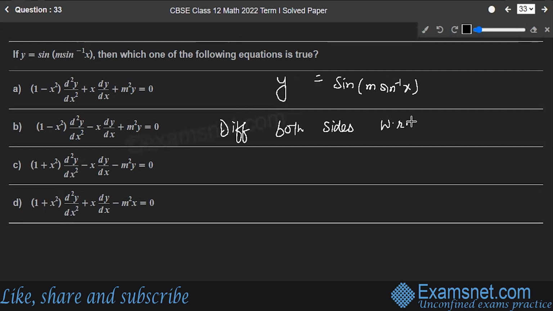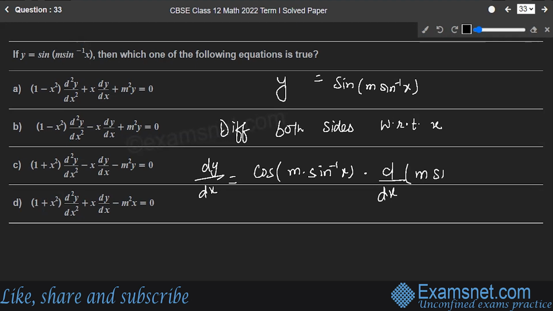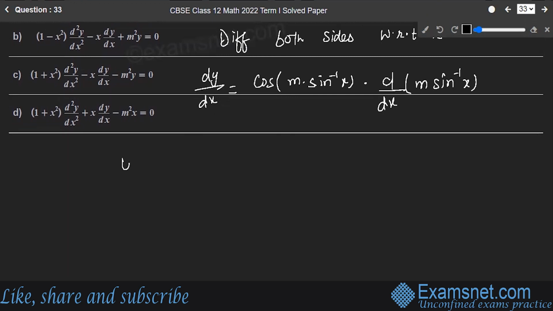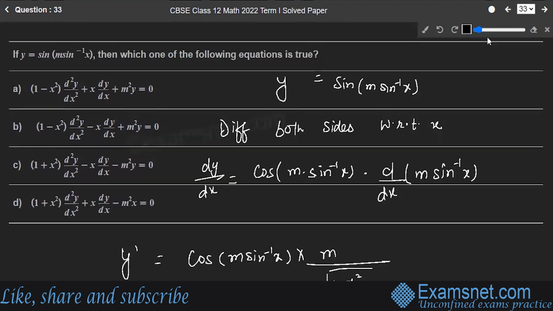You have dy by dx is equal to cos of m sine inverse x into the derivative of m sine inverse x. So dy by dx, which I write as y dash, is equal to cos m sine inverse x multiplied by m upon root of 1 minus x square.